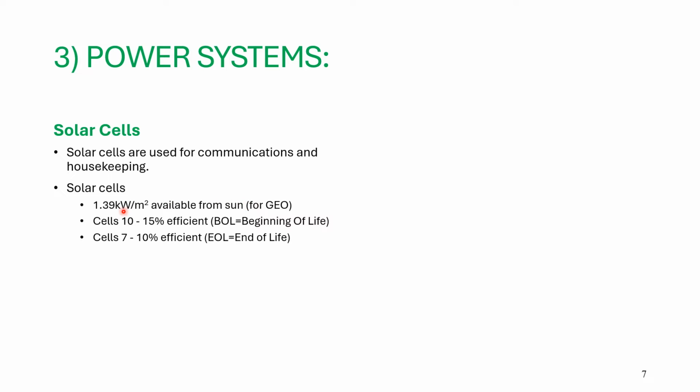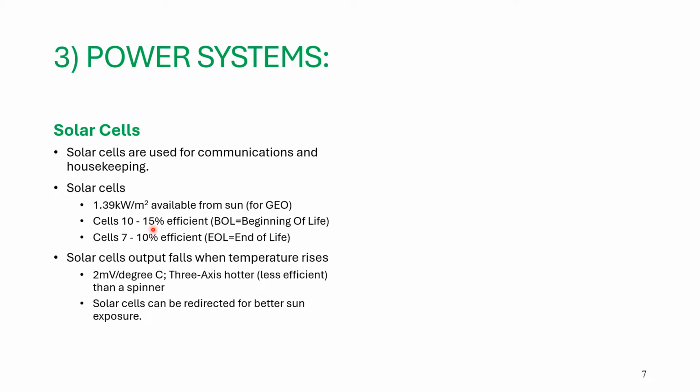Of course, these numbers are usually for geostationary Earth orbit, and they could change depending on the efficiency of the solar cell. Usually cells have efficiency in the range of 10 to 15 percent at the beginning of life. Of course, these numbers have improved these days. We can get 18, 19, and as the technology improves, these numbers change.